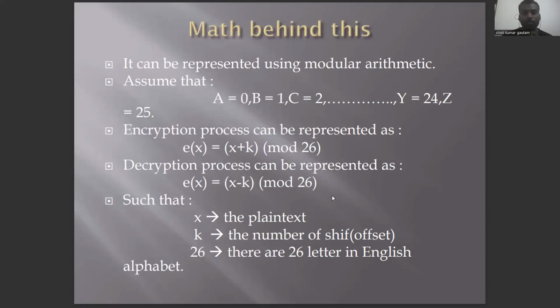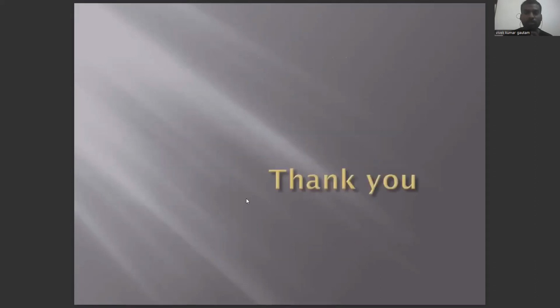Here x is the string which I want to encrypt, and k is the number of shifts. And here is the decryption formula: D(x) is equal to (x minus k) mod 26. Minus is here because we shift to the left, and 26 is there because there are 26 letters in the English alphabet.